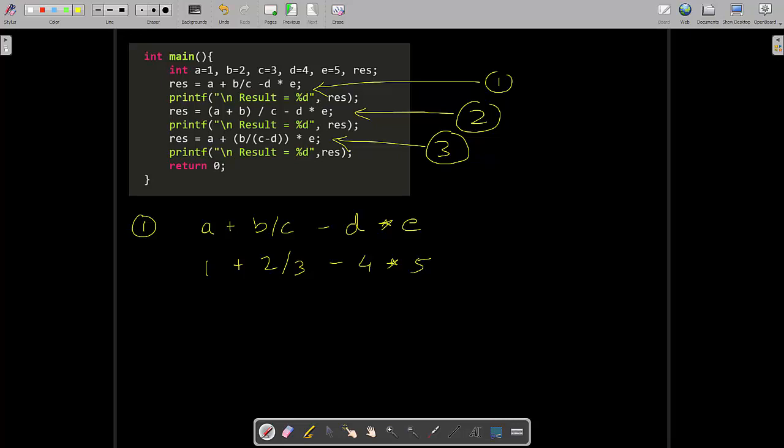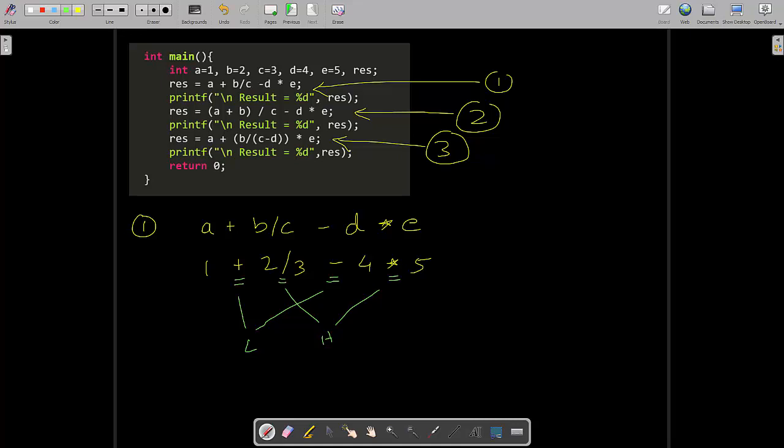If you look at this, there are 4 different operators: the first is plus, then division, then subtraction, then multiplication. If you recall, division and multiplication have higher precedence and plus and minus have lower precedence. So these two are going to be executed first.